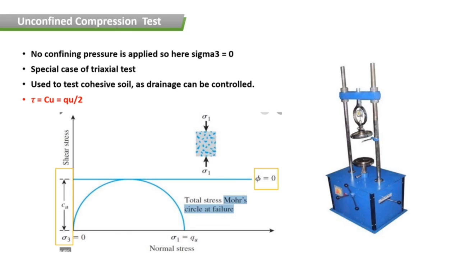So tau is the undrained shear stress, sigma 1 is the axial stress, which was the additional stress in the triaxial test, and Qu is the unconfined compressive strength, and C is the cohesion. Here C will be half of Qu. So this is a very simple test we can observe here.